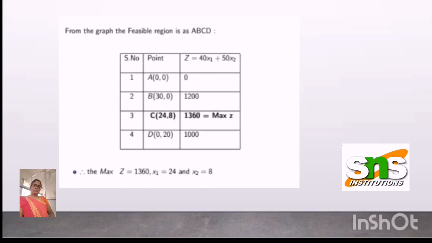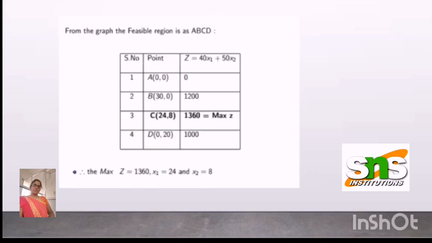First, the corner point A is (0, 0). We substitute x1 equal to 0 and x2 equal to 0, then we get z equal to 0. And the point B: we substitute x1 equal to 30 and x2 equal to 0, we get z equal to 1200. For x1 equal to 24 and x2 equal to 8, we substitute these values and get z equal to 1360.